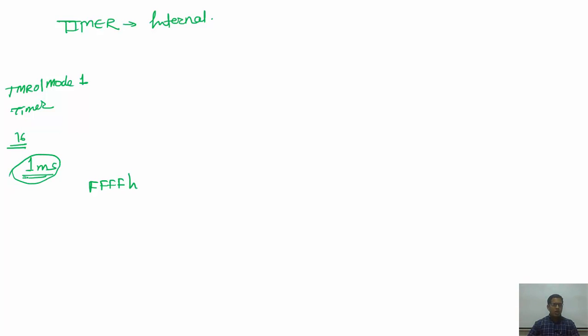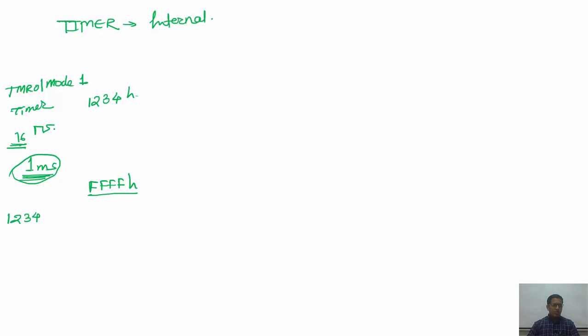So corresponding to 1 millisecond, suppose I get an initial count value of 1234. As it is a 16-bit mode, the maximum value attained by the timer in mode 1 is FFFFH.